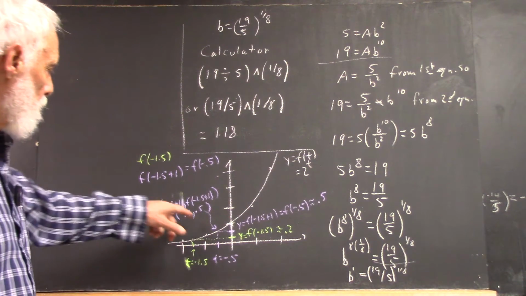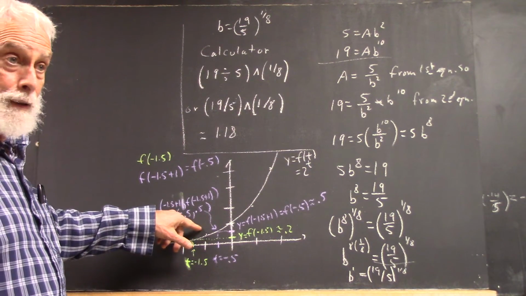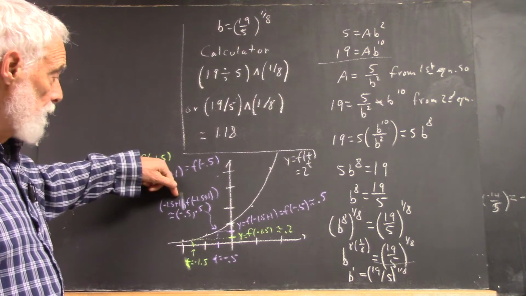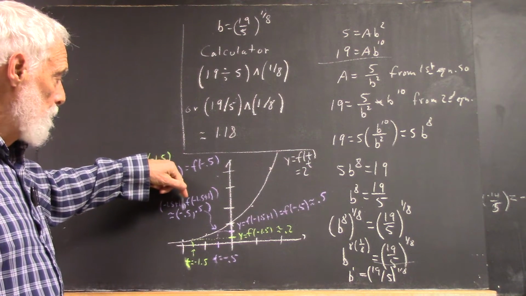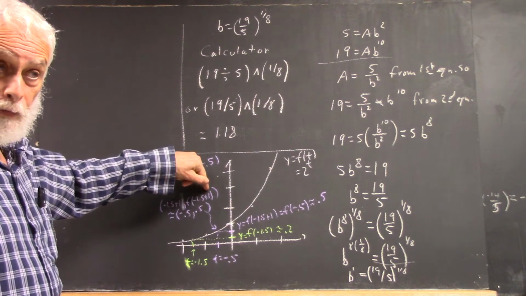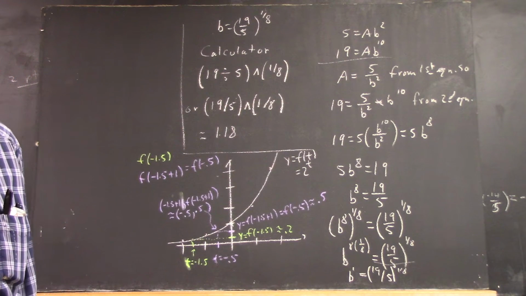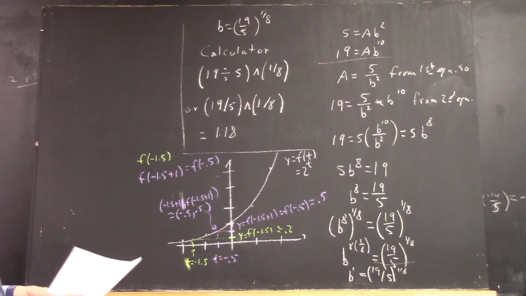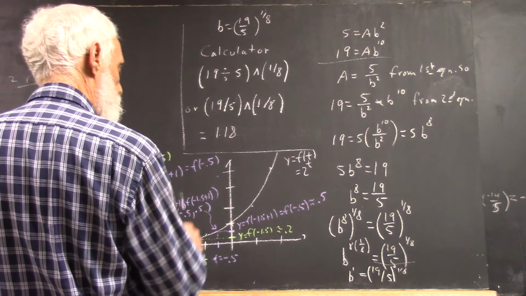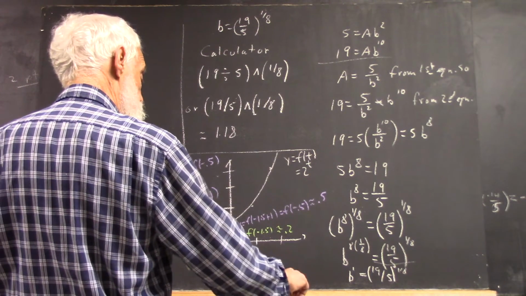We can actually write the coordinates out, okay? The x-coordinate is negative 1.5 plus 1. The y-coordinate is f of negative 1.5 plus 1, okay? And that's approximately negative 0.5, 0.5 according to this graph.